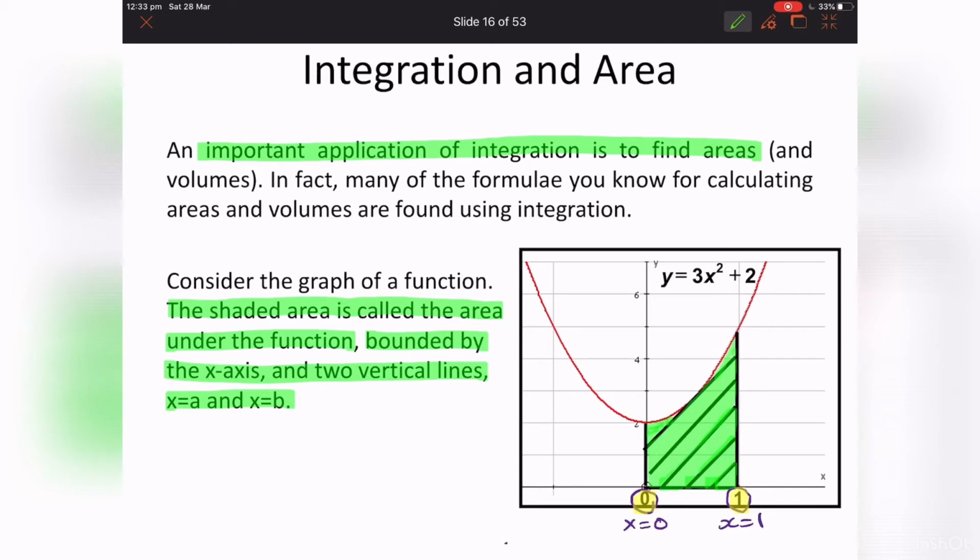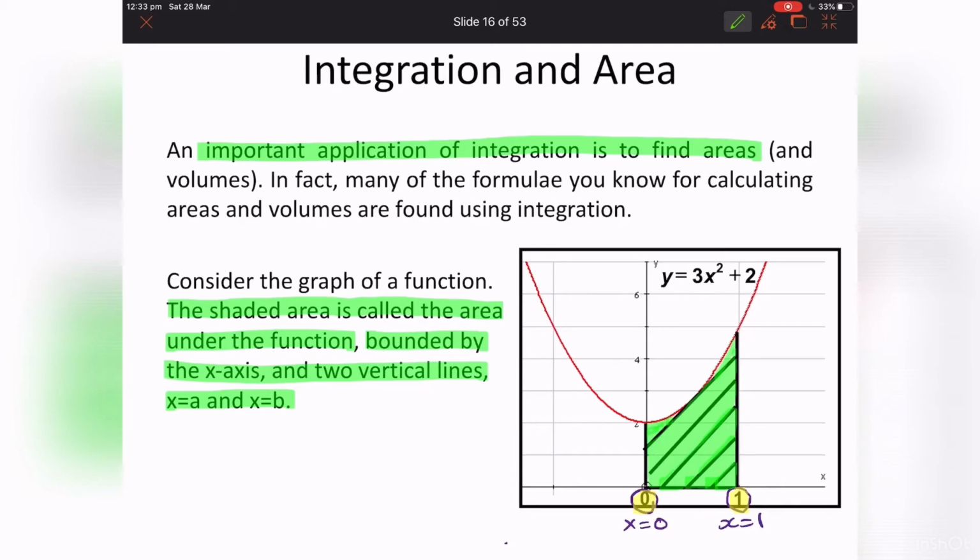As you can see, it's bounded by the x-axis and the two vertical lines where the values of x are a and b. In this example, x is 0 and the other value is 1. So this shaded area is under the function, bounded between the curve, the x-axis, and these two points on the x-axis.